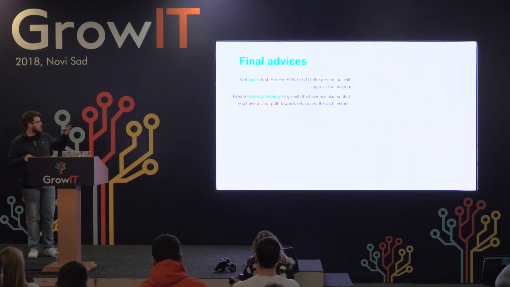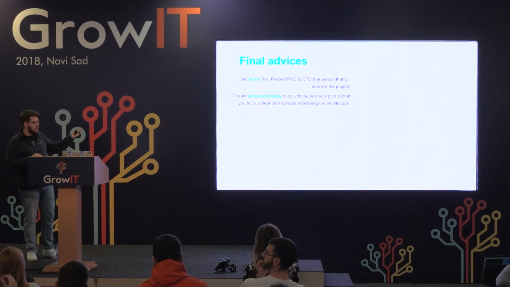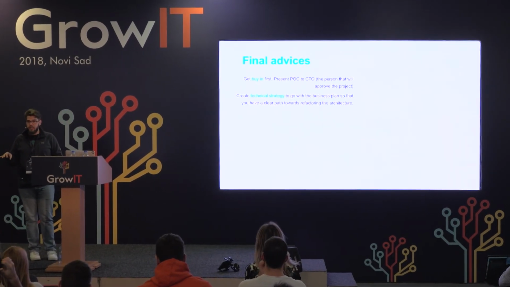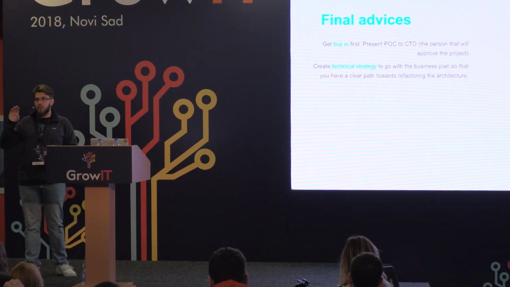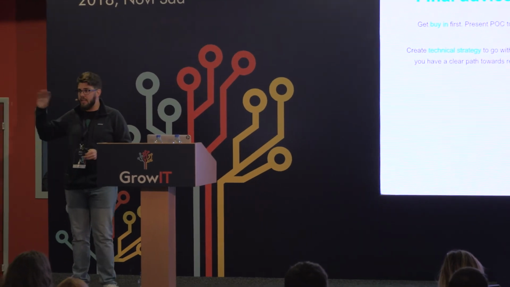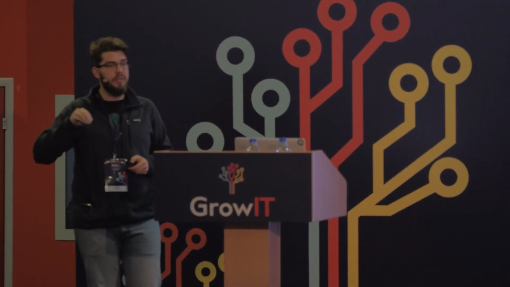This one is probably the most overlooked part. Whoever I talked with, everybody forgot to do this, creating a technical strategy. This is not a roadmap. This is not a product roadmap saying you have to create this feature or that feature. This is a technical strategy. What that means is, I have to refactor to Redux. Your product people don't care about Redux.